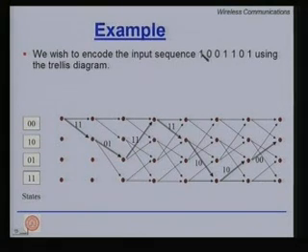Then the next bit comes in, it is 0, we take the upper branch, and then 0, again we take the upper branch, and then we get a 1, we take the lower branch, another 1, we take another lower branch, an upper branch and lower branch. So, this sequence of bits at the input corresponds to the darkened lines in the trellis diagram.